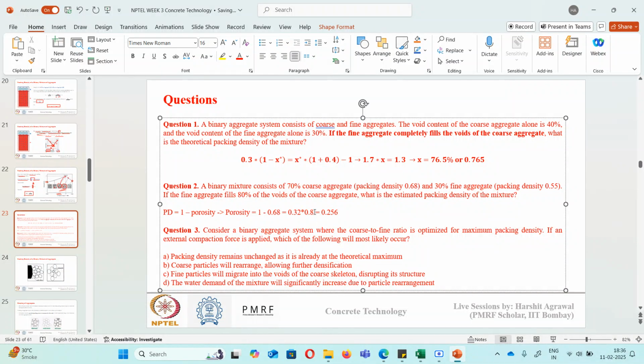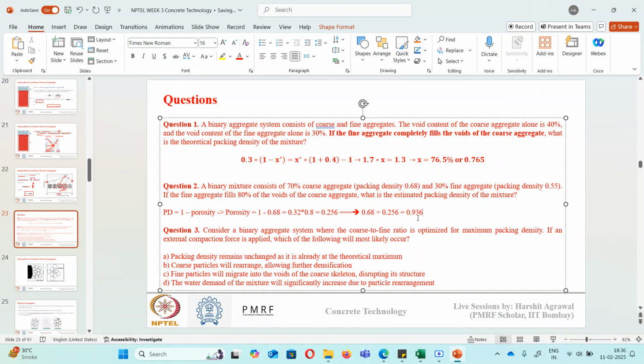So this much volume of my porosity is now filled by the fine aggregate. So what is my total solid content? It will become 0.68 that was initially there plus 0.256, which is equal to 0.936.